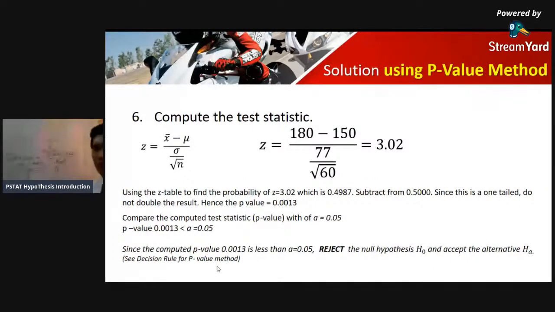Basically, if you see that the value 0.05 is quite small, what is the probability of 0.05 in a one-tailed test?